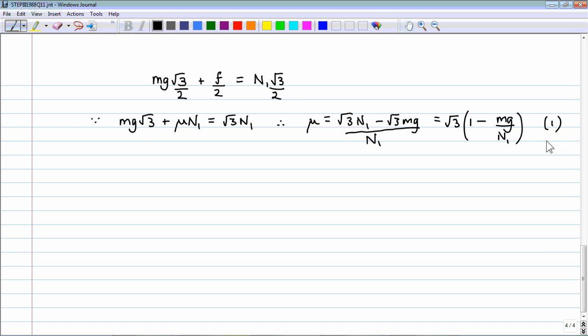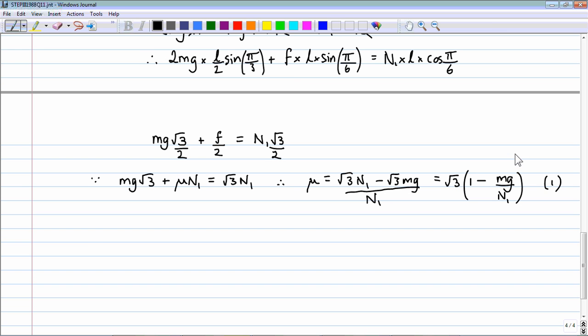Now of course this is not quite enough, because we don't know N1 yet, so we need to find a formula for N1 in terms of the weight mg. So maybe I can annotate that. So we need N1 in terms of mg.